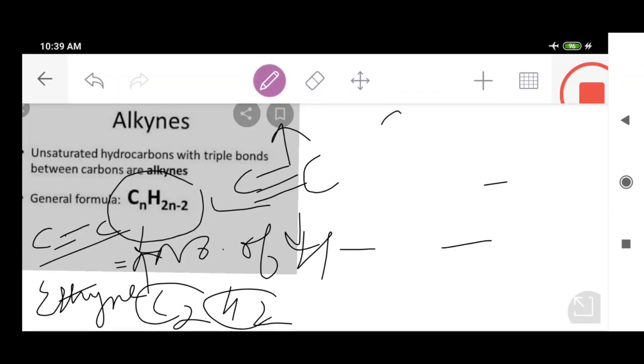Let's discuss one more member. The general formula is CnH2n-2. Now, put the value of n equal to 3.